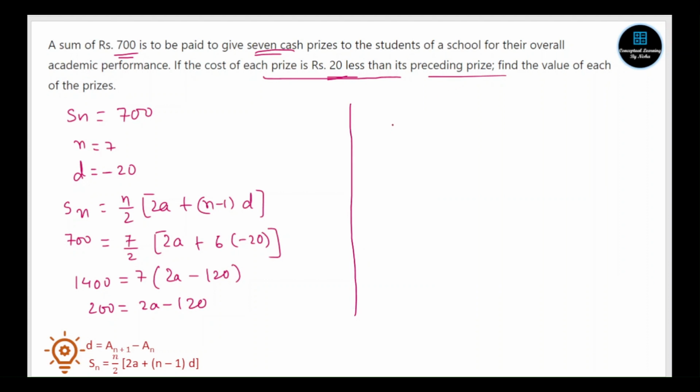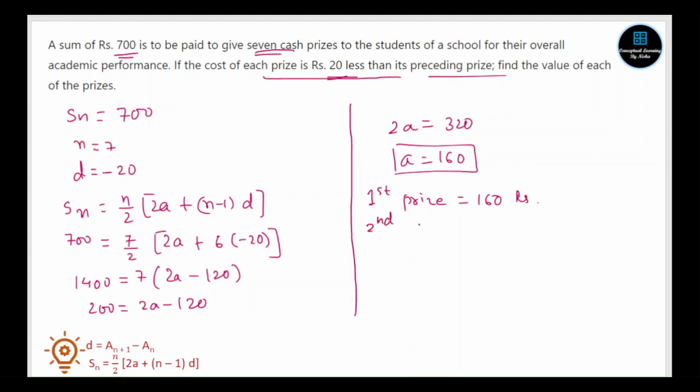So 2a equals 320 and a is nothing but 160. So this is the first prize. First prize equals 160 rupees.